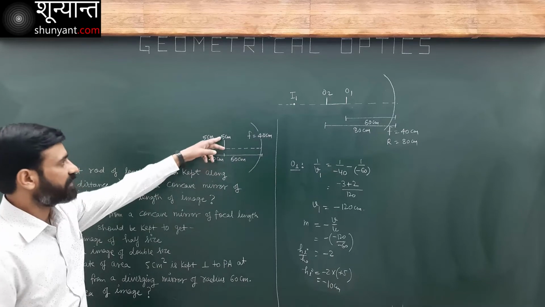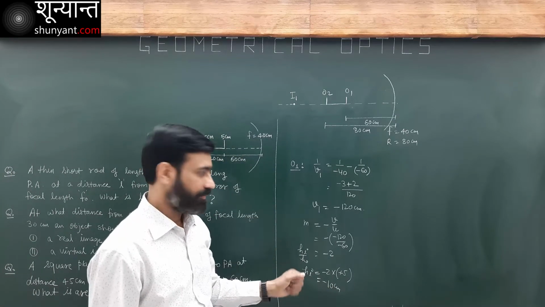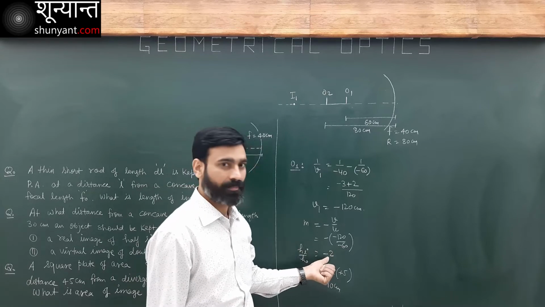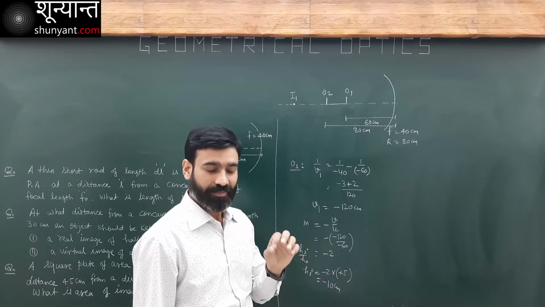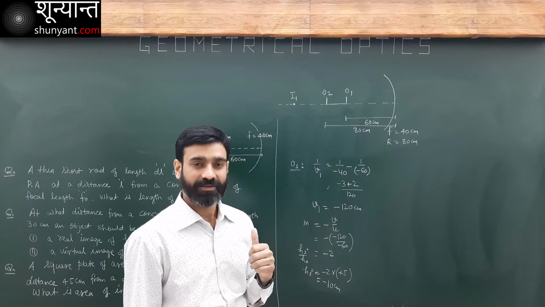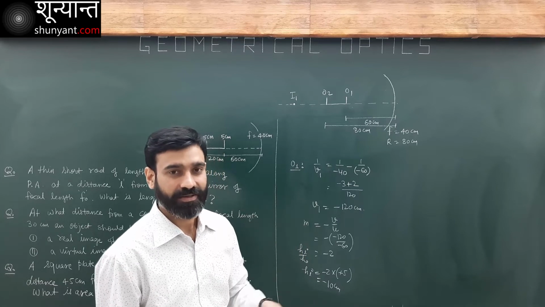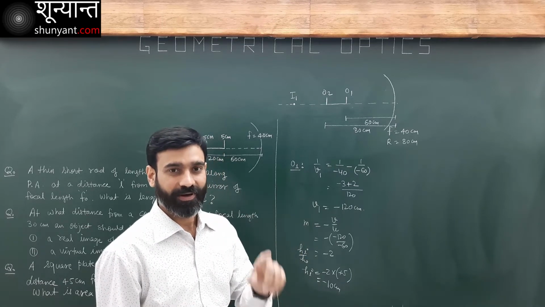The object is 5 centimeter, so I will get an image of 10 centimeter. Magnification is negative, with magnitude 2. That means it will be an enlarged image, magnified, real, and inverted.